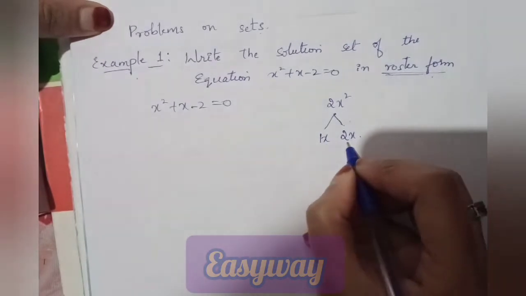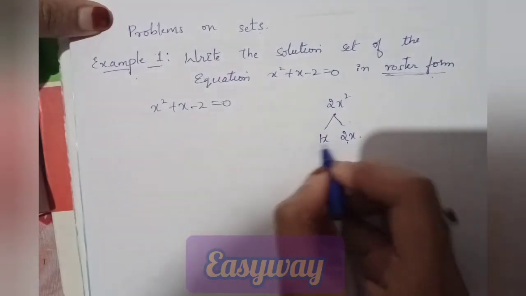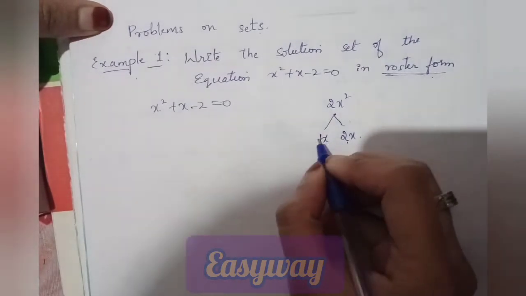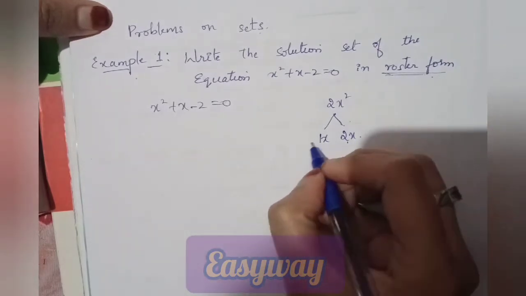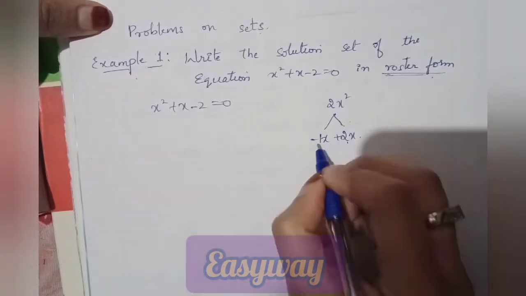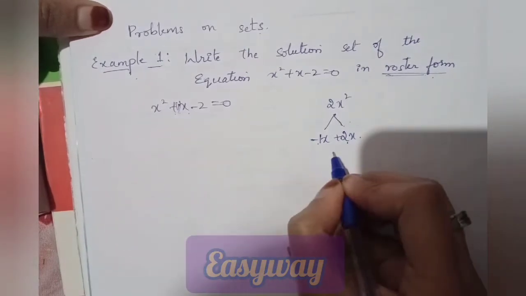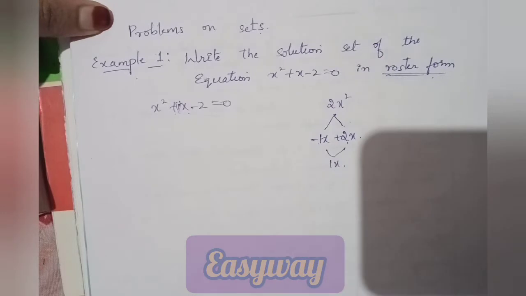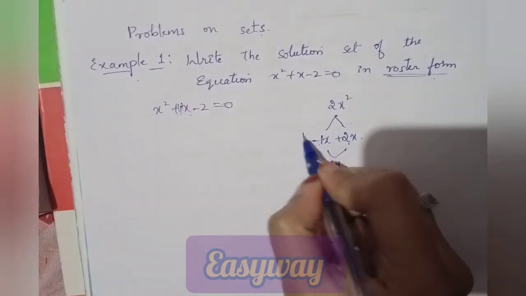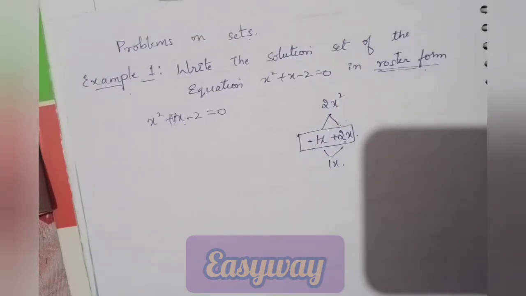If we add this, we won't get x. Now we have to arrange signs. Minus and plus. 2 minus 1, 1. So here it is 1x. We will get it as 1x. So this is the right factorization.